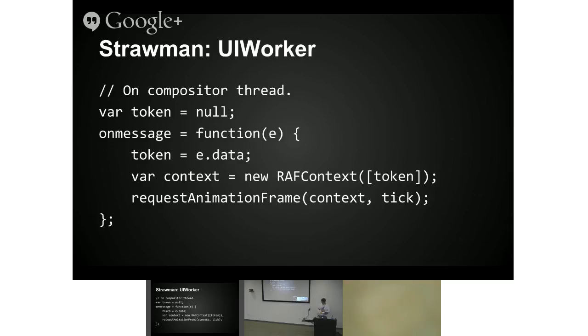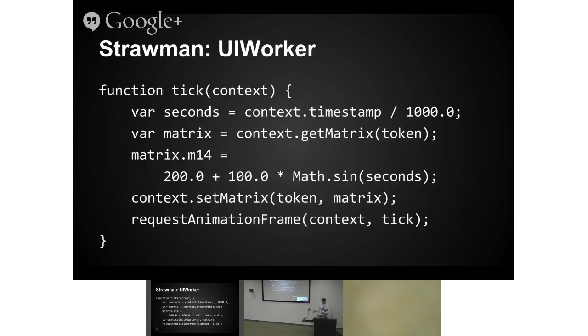I call RAF on it, and RAF looks like this. You get the context passed into you, and it's all freshened up so that you can grab the current value of that thing you have the identifier for. So we grab that matrix, and based on the current time, we do a really cheesy animation, and we slide it back and forth, and then we set that thing using this API, and we request another frame so that we continue ticking.